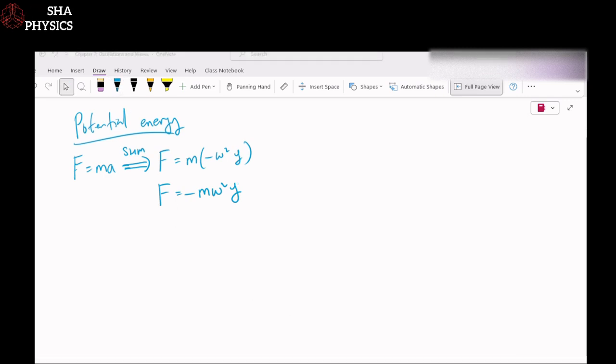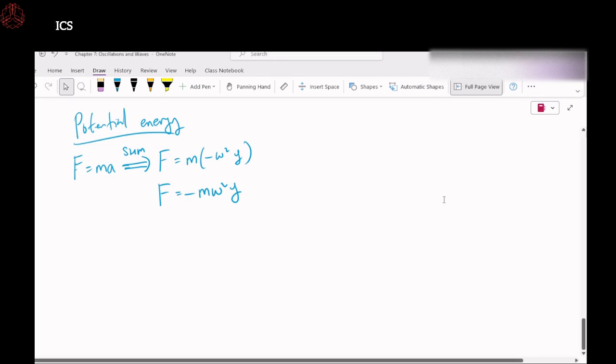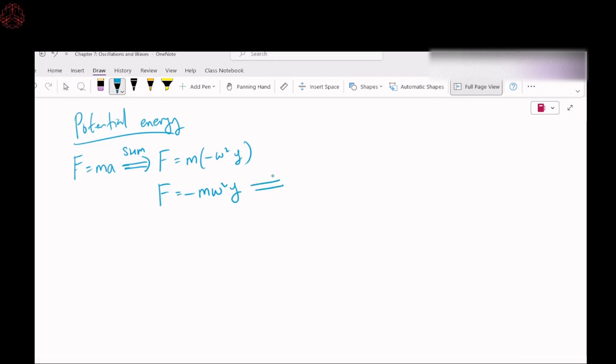At this point, we can expand on y. But before that, we have to compare it with Hooke's law. Hooke's law tells us F equals negative ky.